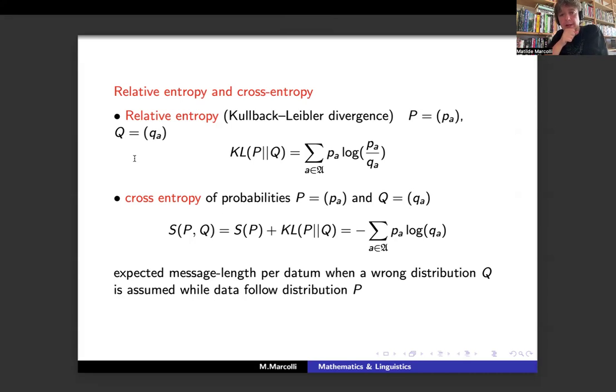And similarly, you have cross entropies between two probability distributions. In a sense, it measures the expected message length per datum when you're measuring with respect to a wrong distribution rather than the one that the data are really following.